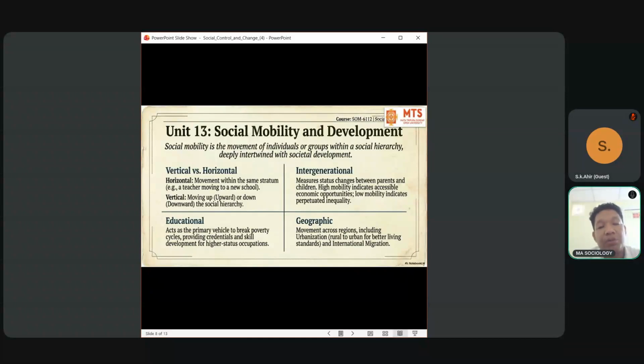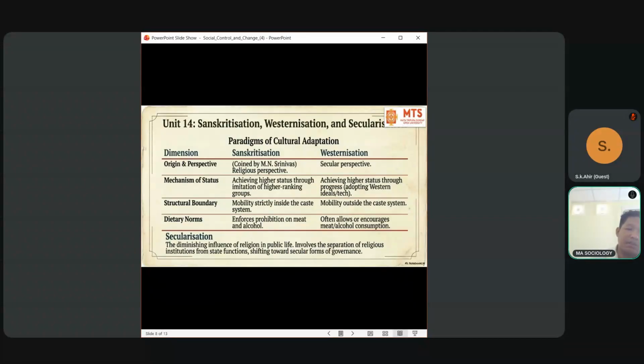Migration from rural to urban or from one city to another takes place because of education, because of a job or employment facility, or because their siblings are living there. So it's a kind of geographic mobility: movement across regions for better opportunity and standard of living. So now let's come to the next topic.